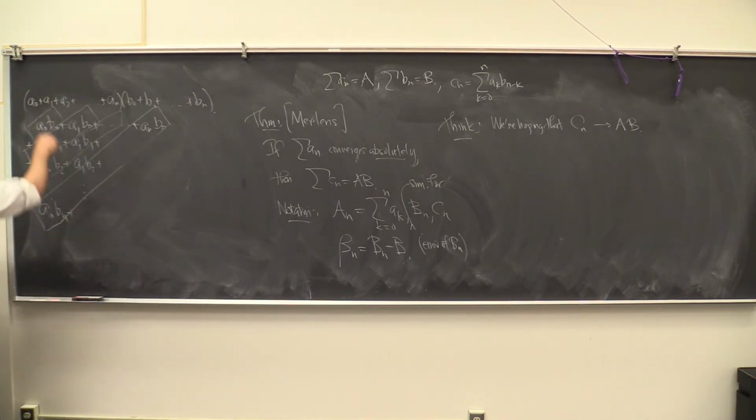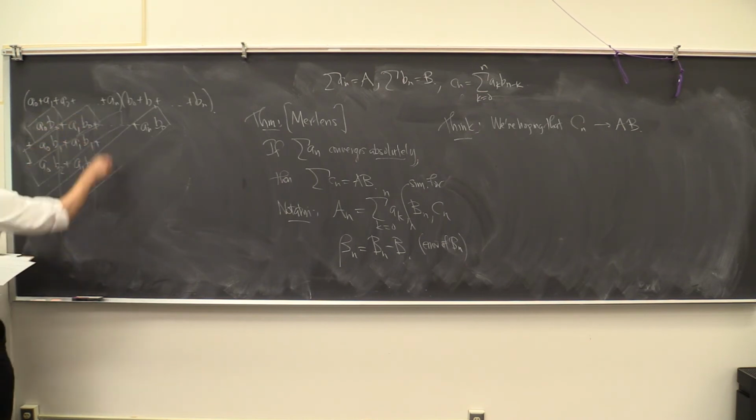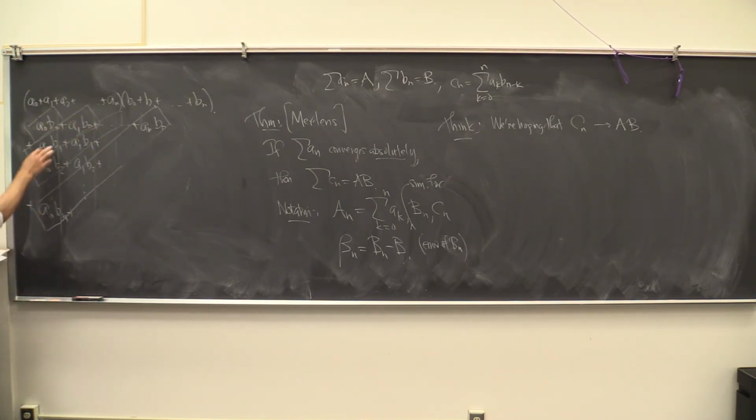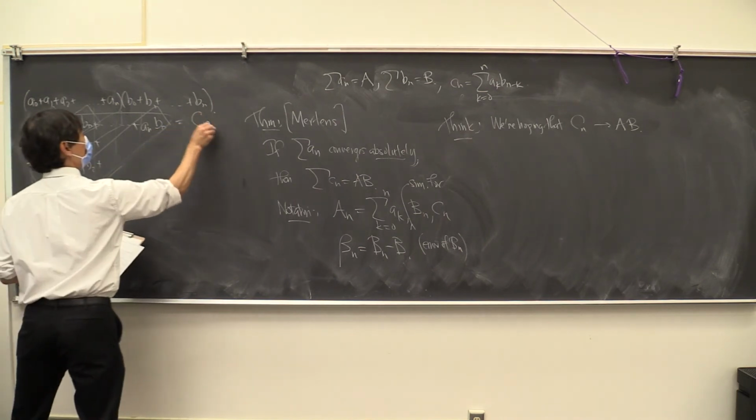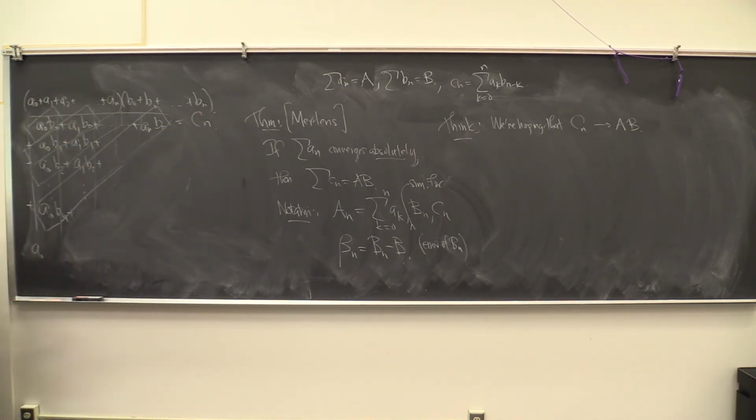So the sum of this upper triangle is C sub n. Remember? So let's think about what it is by summing vertically. Here we get A naught times the sum of B naught to B n, that is the partial sum B sub n.